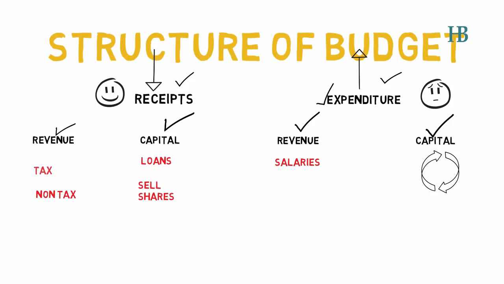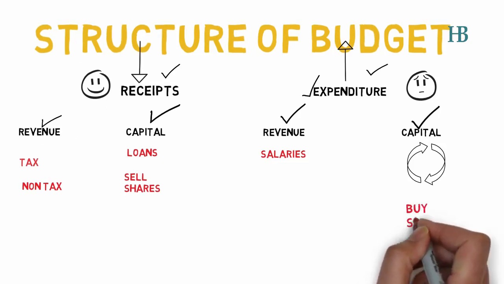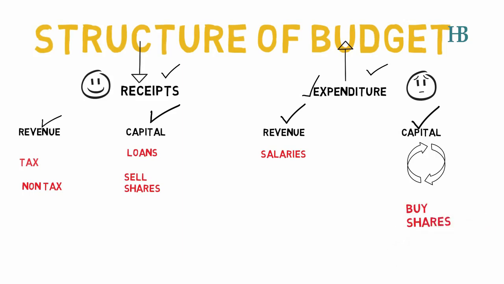Your money goes for now, but at a later point of time it comes back and increases your assets. That is the part of capital expenditure where the government spends money to buy shares and on those things where it can earn money later. So this is capital expenditure.